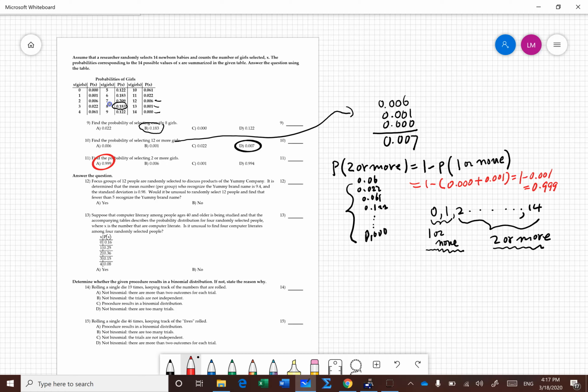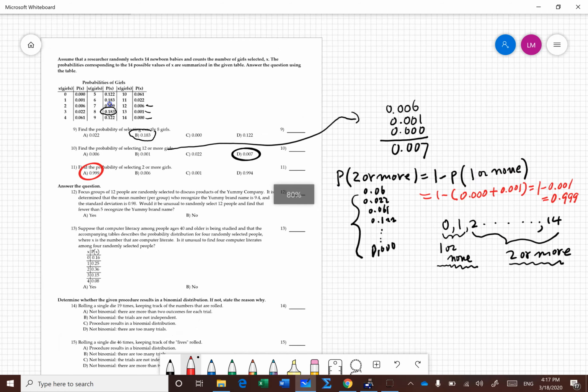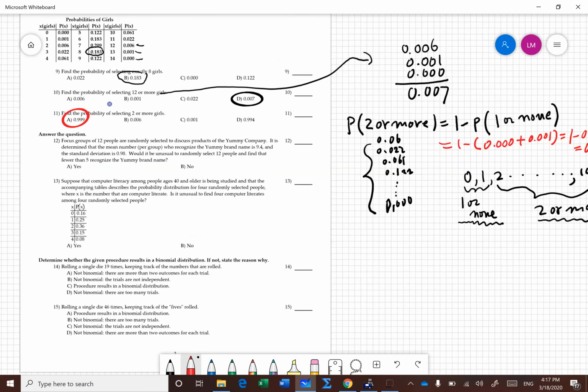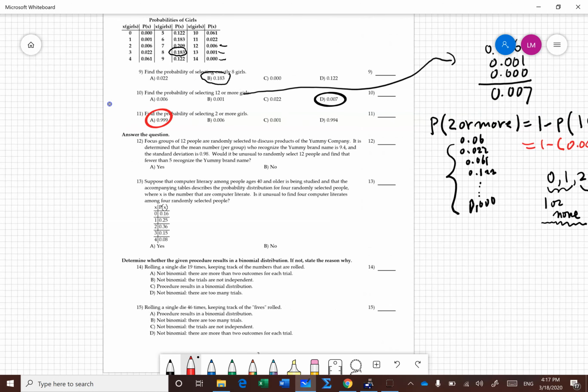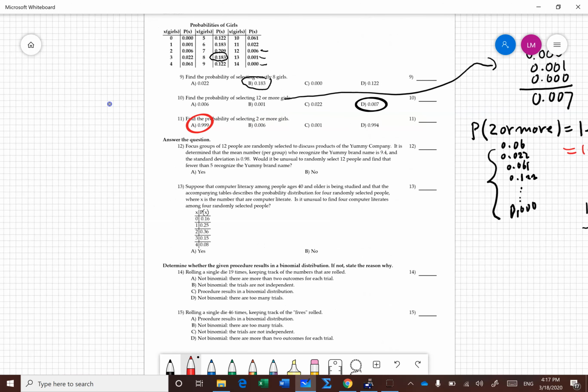What this question is asking is this: the mean number is 9.4, with standard deviation 0.98.